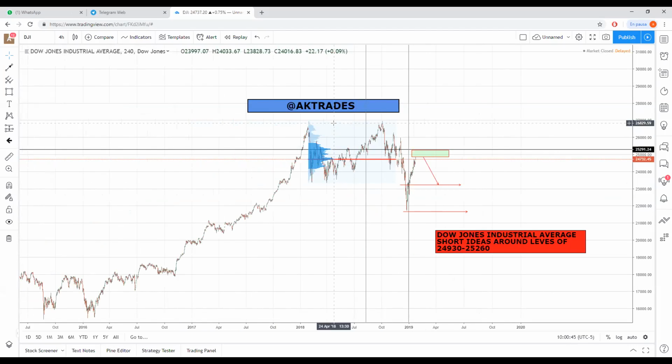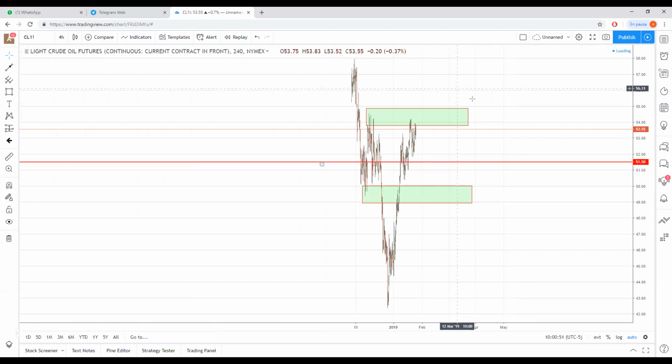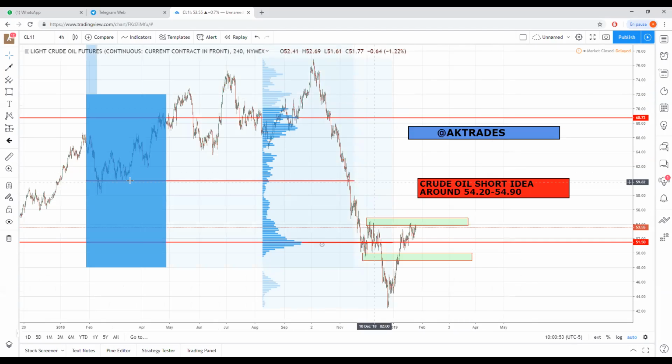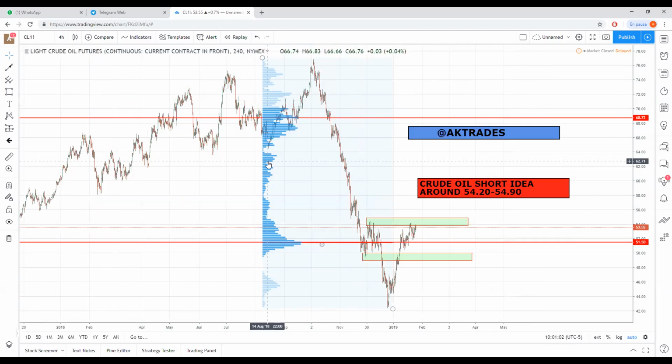For the next part, we are going to see the crude light oil, and we are seeing a short trade idea for crude.